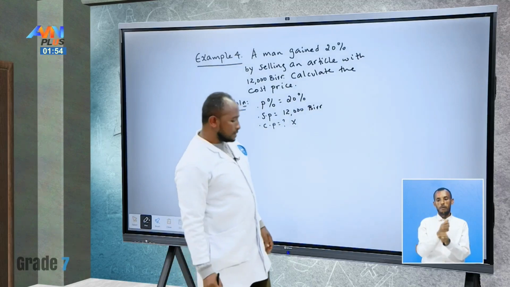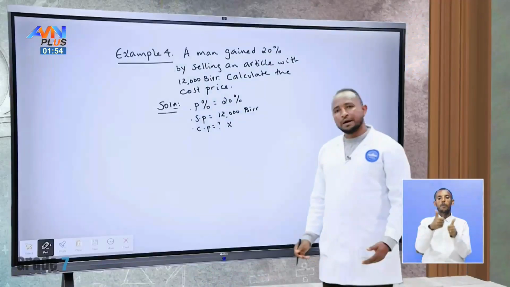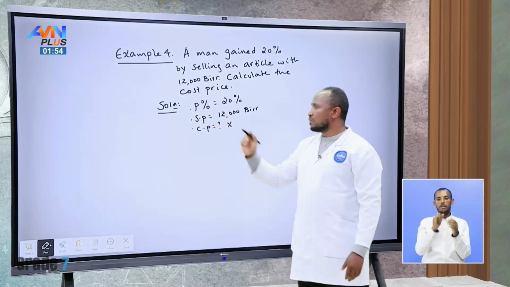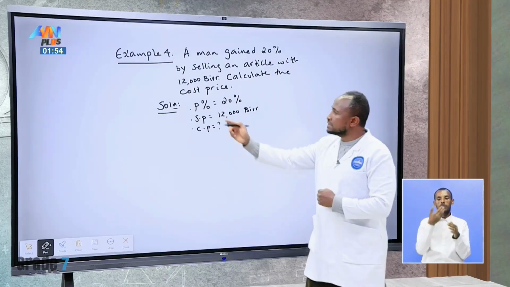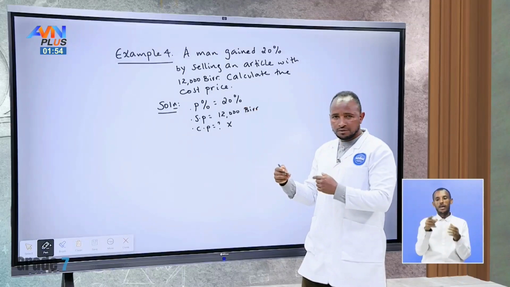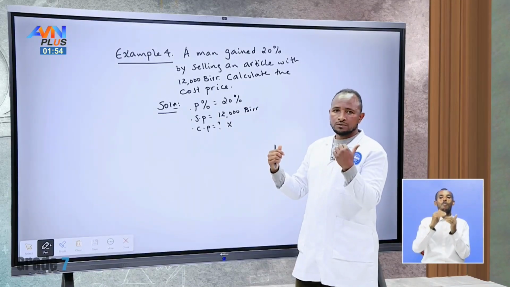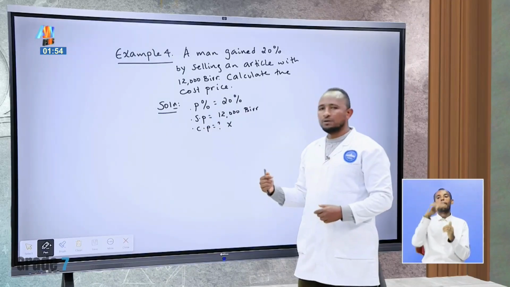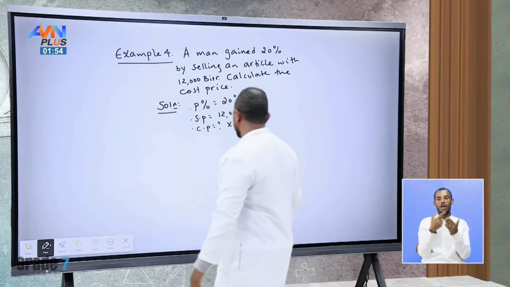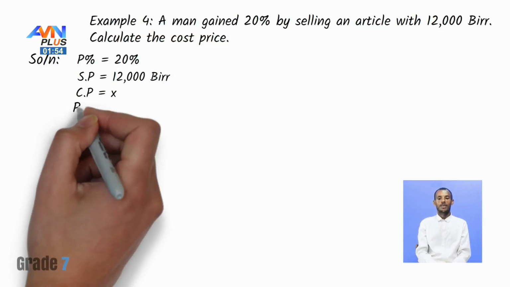In this case, which one is bigger, the selling price or the cost price? Good. Since he has a profit, he sold more than the cost. So, the selling price is bigger. Therefore, here to calculate the profit percent, we use this equation.